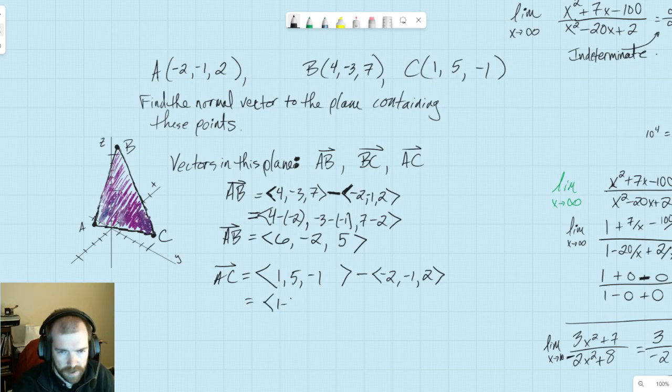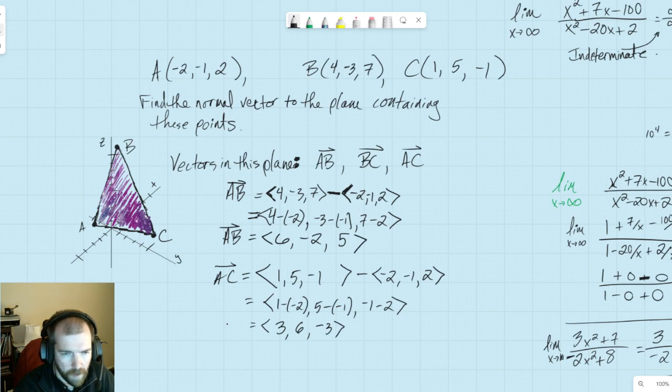So 1 minus -2 by 5 minus -1 by -1 minus 2. So that's going to be 1 plus 2 is going to be 3. 5 plus 1 is going to be 6. And -1 minus 2 is going to be -3. So this is AC.